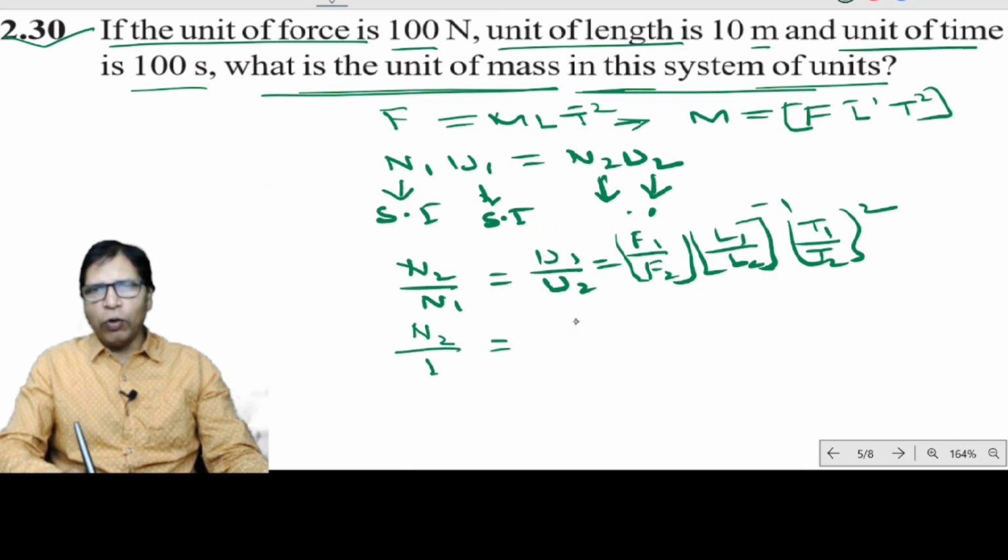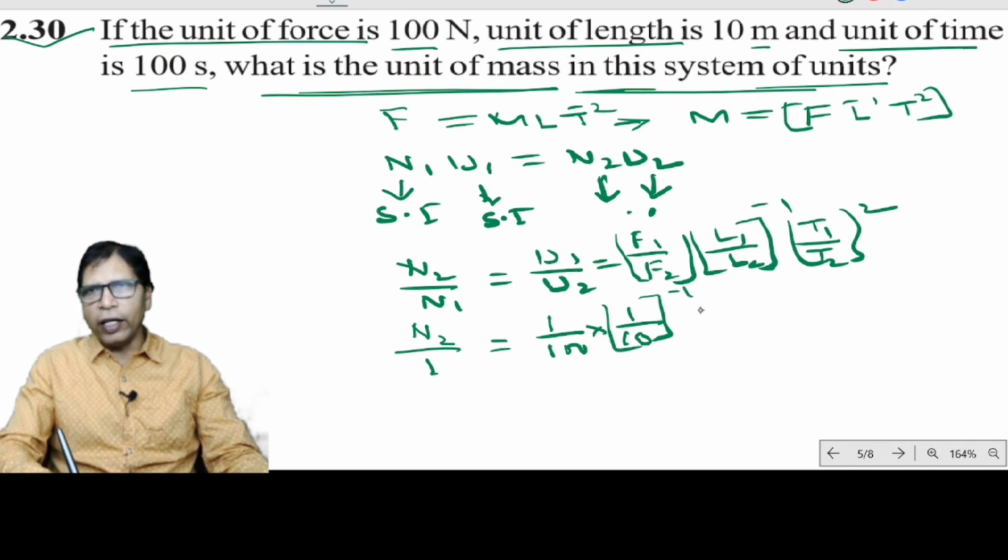Now F1 is 1 Newton, F2 is 100 Newton. L1 is 1 meter and L2 is 10 meter, to the power minus 1.